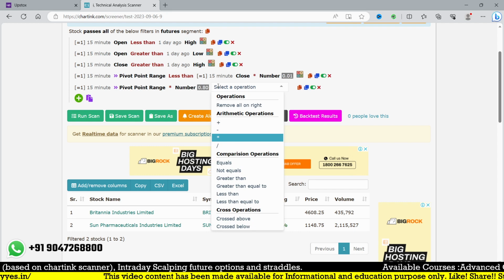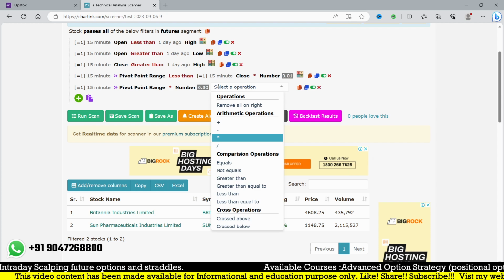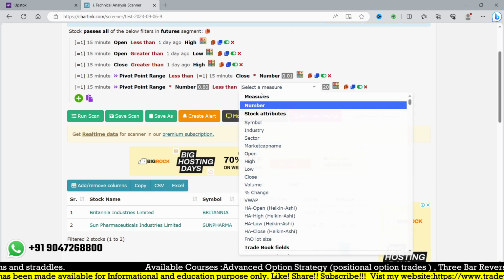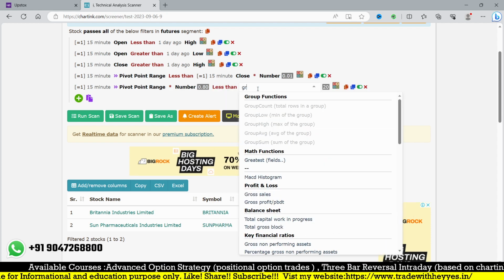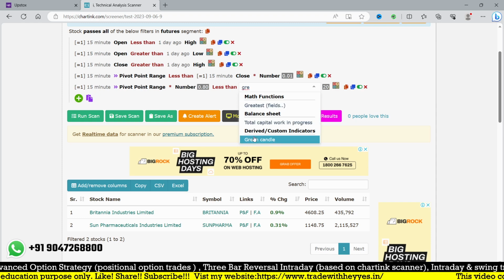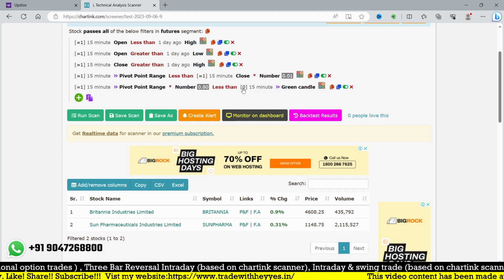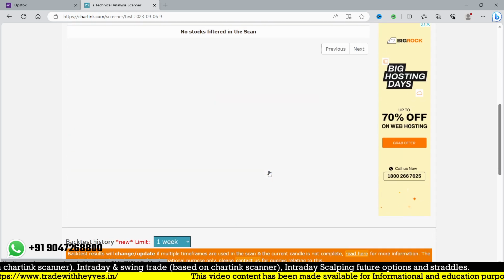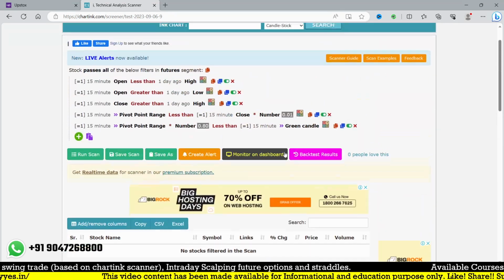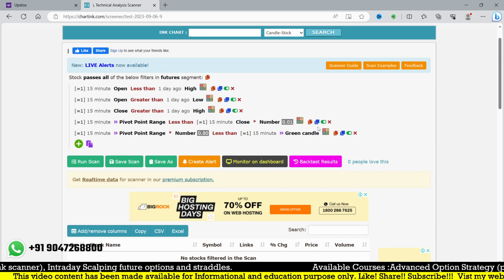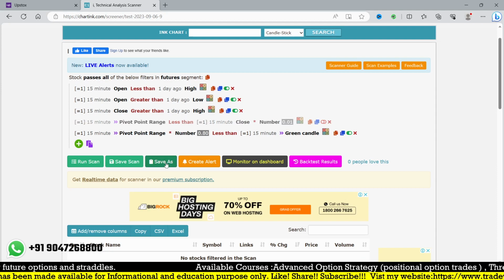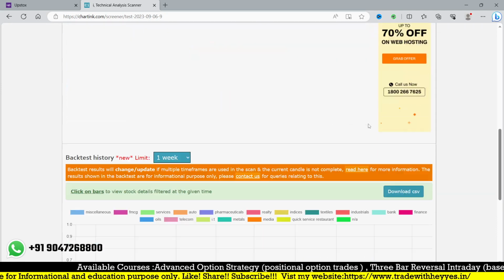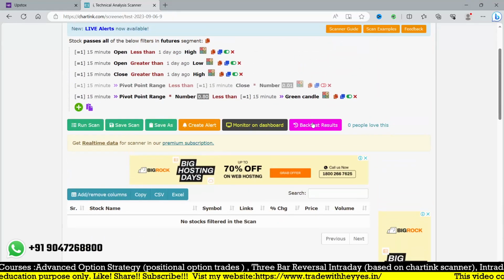So we have to use less than, green candle, on the first 15 minutes. If you are using that, there are no stocks filtered, and we are looking for less than 1%.